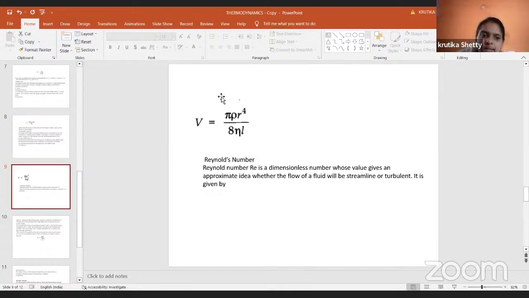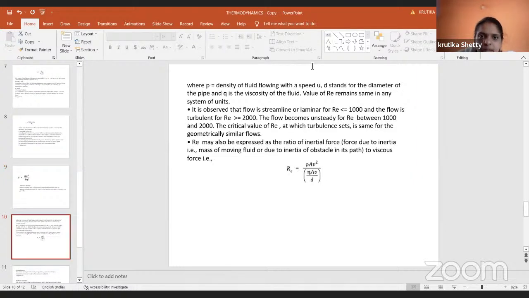The Reynolds number has values. If it is less than 1000, it is called streamline flow. If it is greater than 2000, then it is turbulent flow.